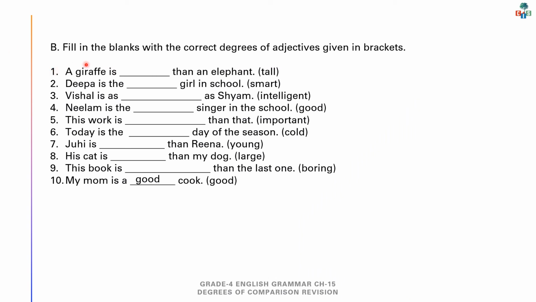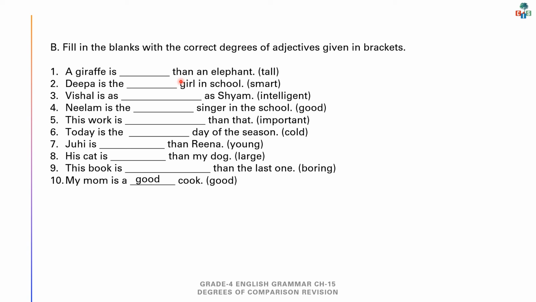Exercise B. Fill in the blanks with the correct degrees of adjectives given in brackets. Number 1. A giraffe is dash than an elephant. Yes, children. In this blank, I have used the word than. And when do we use this word than? With which degree do we use?